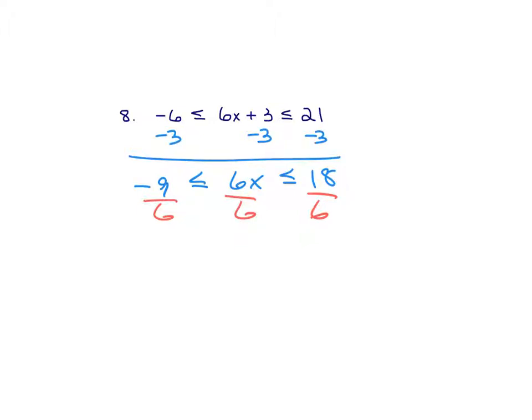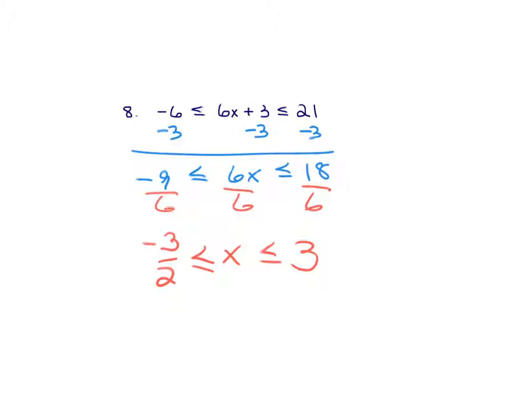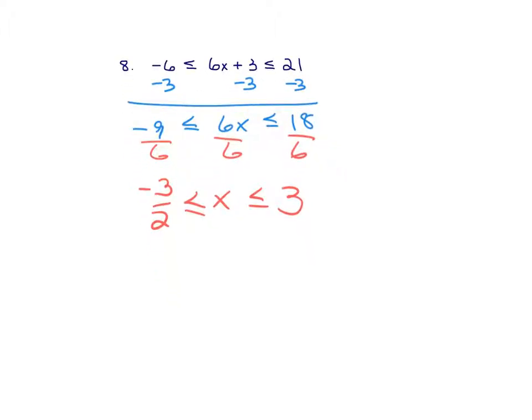I'm going to simplify negative 9 over 6 to negative 3 over 2, and divide 18 by 6 to get 3. Notice my symbols are less than or equal to, so this time they'll be brackets. In interval notation, negative 3/2, comma 3, both surrounded with brackets.